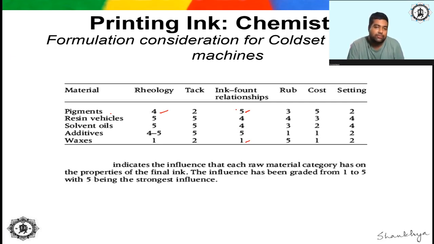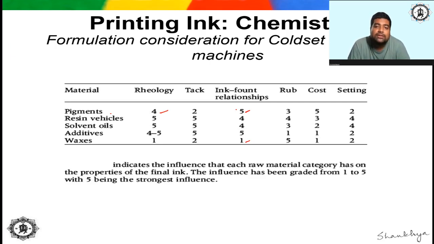or why this is important for the ink maker also to understand? Because let us say you are preparing an ink which is to be used for cold set printing, right? Cold set web offset printing. So naturally, for cold set printing, the primary target is that the setting should be quick because the speed of the web is very high.